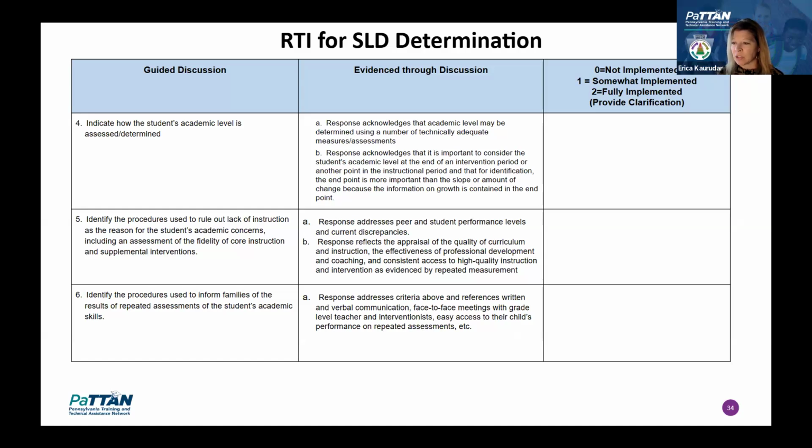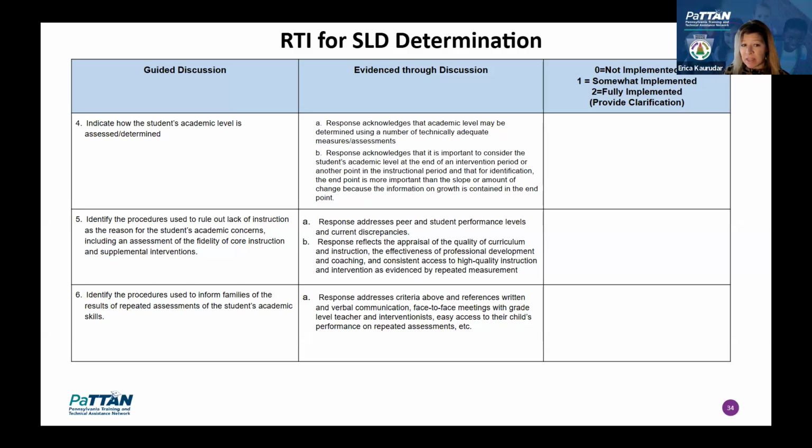For example, we may need to look at not only progress monitoring data from curriculum-based measures over time on his skill or skills, but also supplement our assessment with a norm-referenced measure of achievement on a broad composite to look at the overall level in that specific area of achievement. It is also important to consider the student's academic level at the end of an intervention period. That end data point is more important than the slope or amount of change because it contains the information of growth within that end point.